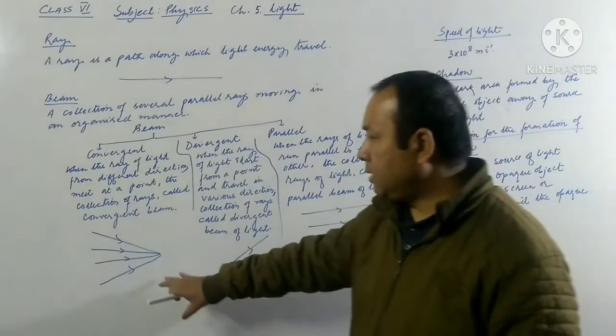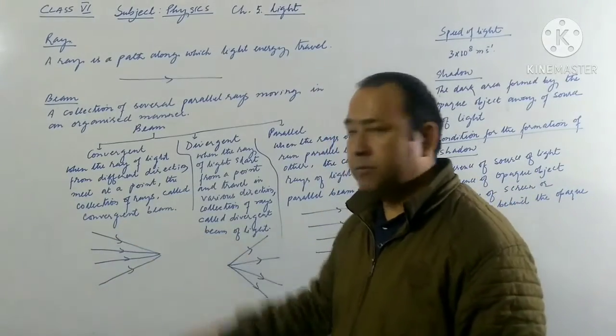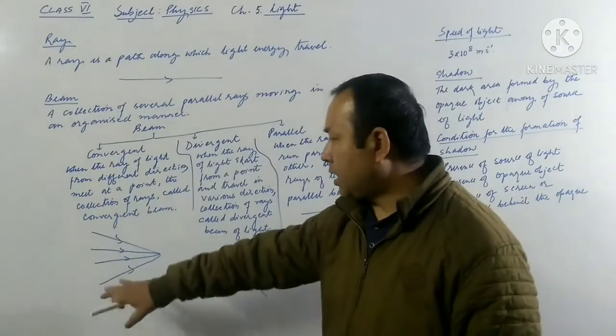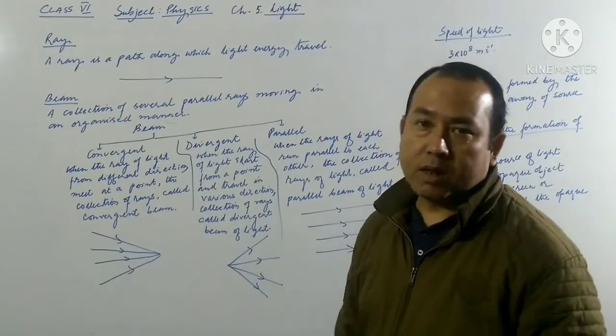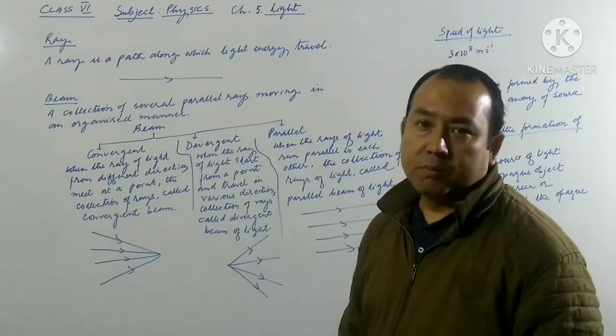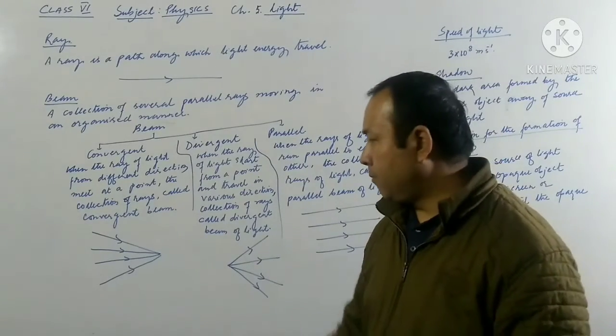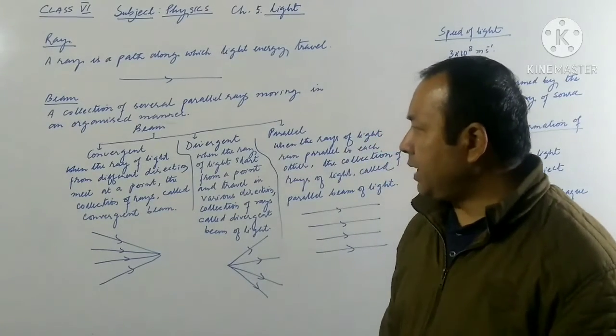You can see in the figure that many rays are coming from different directions and they are all meeting at a point. Such a beam of light is what you call the convergent beam of light.